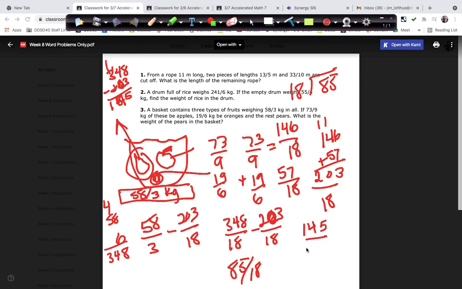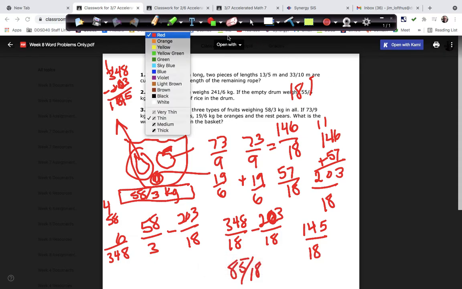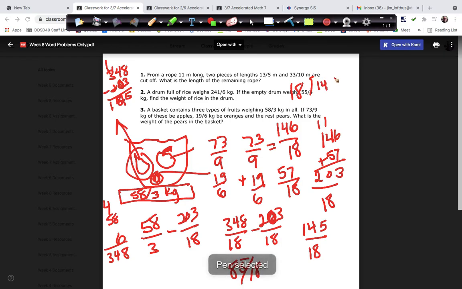So that means we're going to do right here 145 divided by 18. It goes in there 8 times. 8 times 18 is 144. So 145/18 is 8 and 1/18. 8 and 1/18 kilograms.